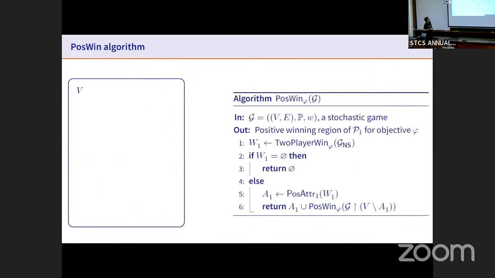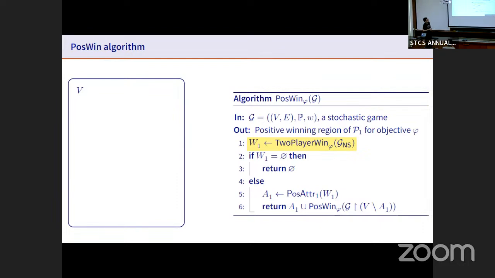Okay. I'll give an outline of the algorithm to compute the winning region for player one. This is a recursive algorithm. We would like to output the positive winning region for player one. I'm denoting our objective, the WMP objective, with 5 for short.